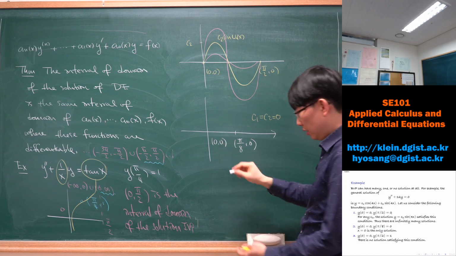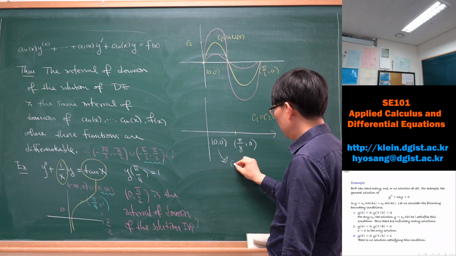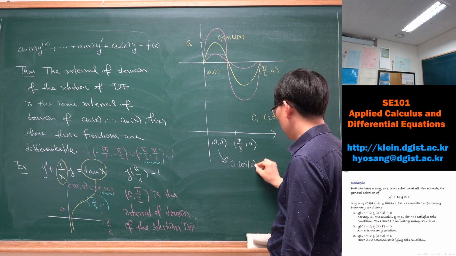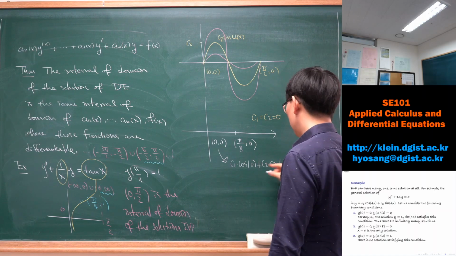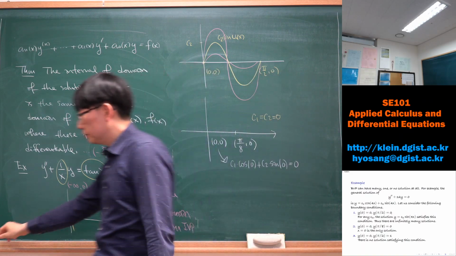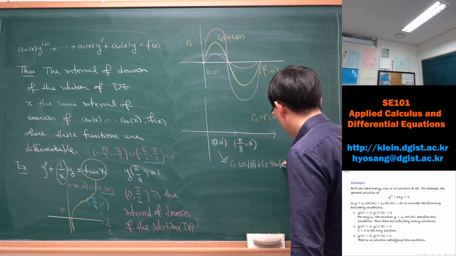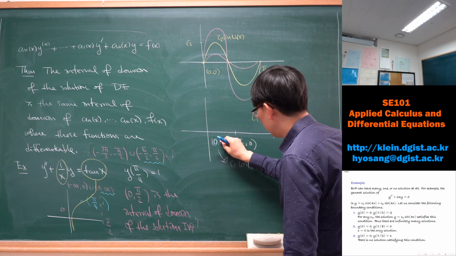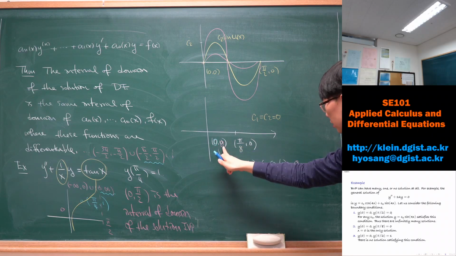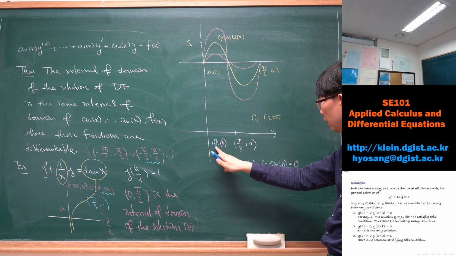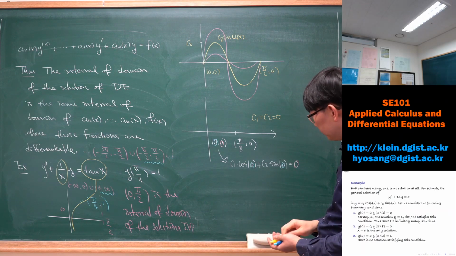When I plug in this condition, I get C1 times cosine 0 plus C2 times sine 0 must be equal to 0. This 0 is the value of x and this 0 is the value of y. Okay? Just distinguish them by color. Blue is x and red is y.